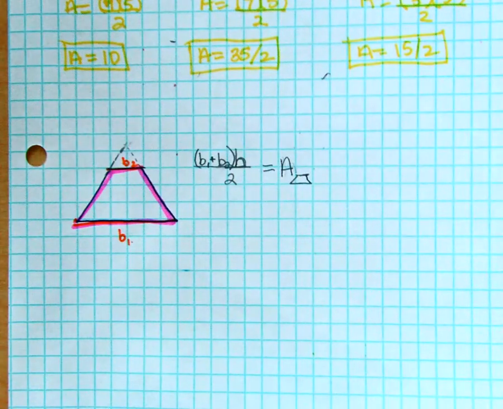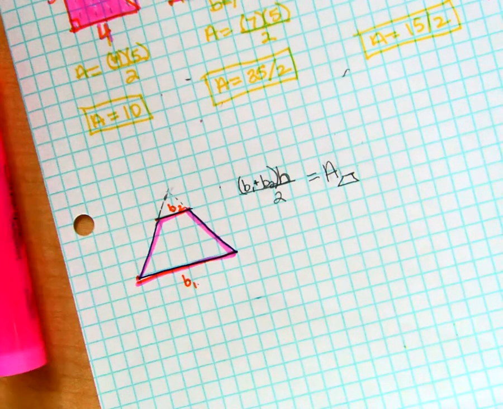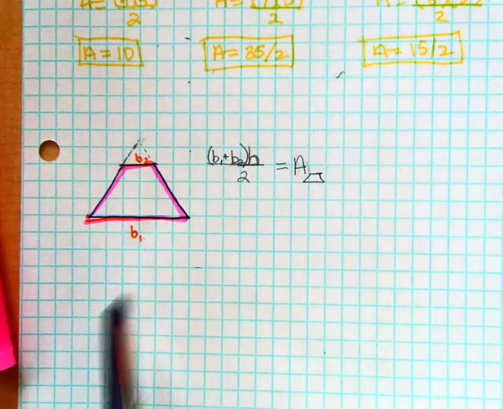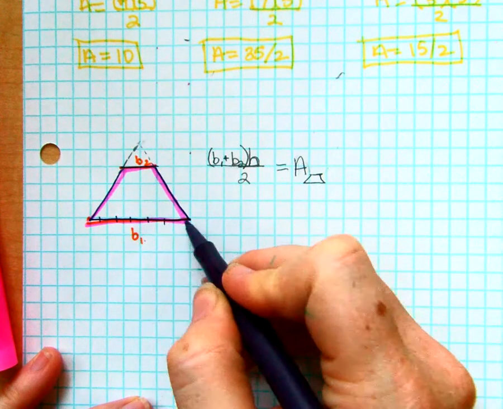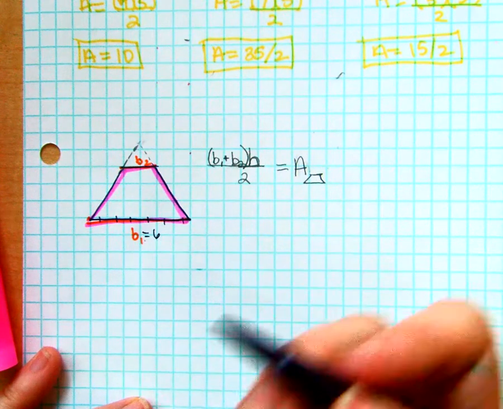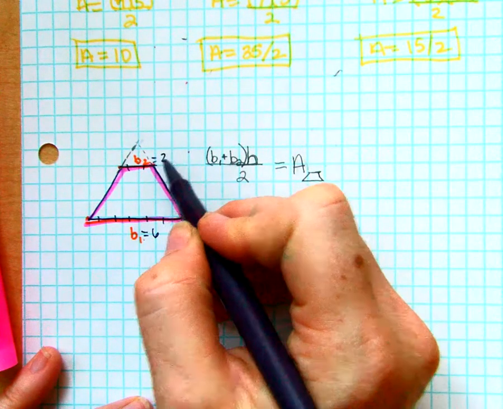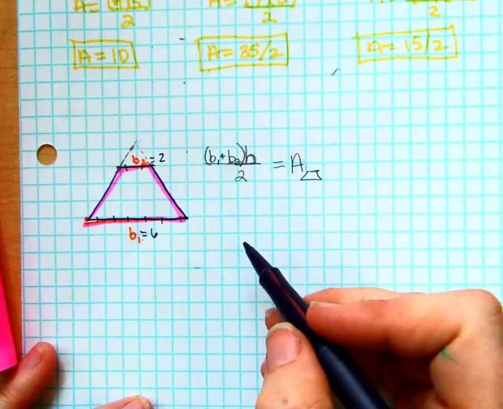Okay, so if I wanted to find the area of this particular picture, then I would need to find the lengths. 1, 2, 3, 4, 5, 6. My base 1 is 6. And then 1, 2. My base 2 is 2. All right.